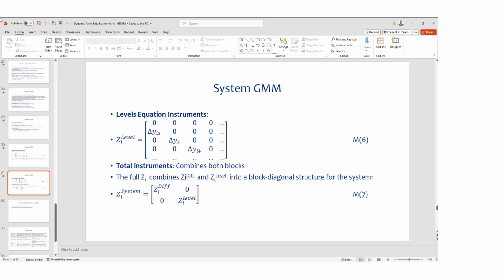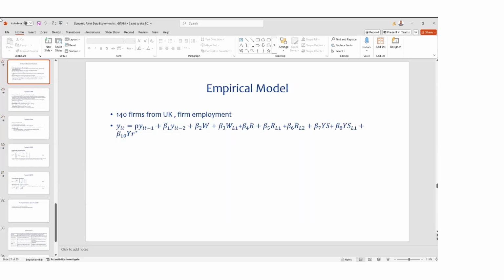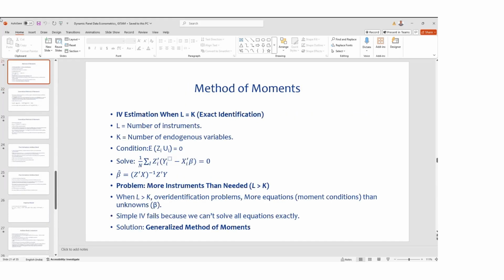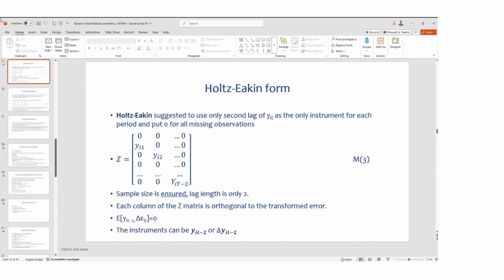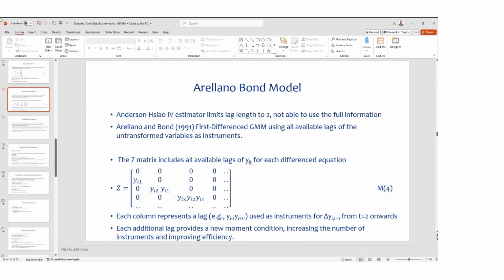What did Arellano and Bond do? Their first thing, they tried to remove the restriction that you can use only the second lag. How did they approach this problem? They used this method to construct the instrumental variable and used this instrument in the estimation of beta.